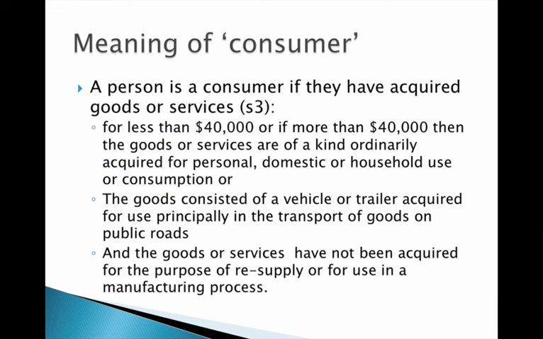If no, so it's more than $40,000 and not personal, domestic, or household use or consumption normally, then no, it won't be covered by the Act. Or if it's a vehicle, okay, so vehicles are separate. So vehicle, ordinary domestic or household use, under $40,000. Any of those three, prima facie consumer.